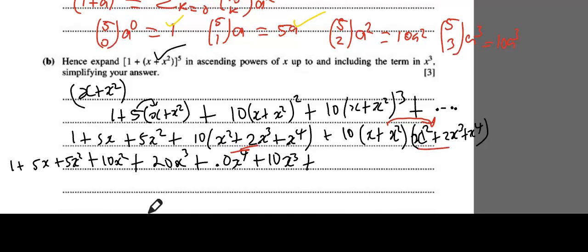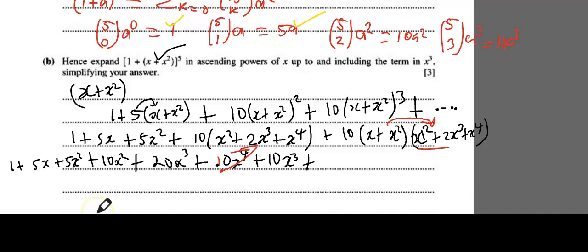So at this point we will simply have to get rid of all the terms that are repeated. We have 10x power 4 here, so that has to be cancelled, and then we have 20x cubed, we have 10x squared, we have 5x squared, we have 5x, and we have then 10x cubed.